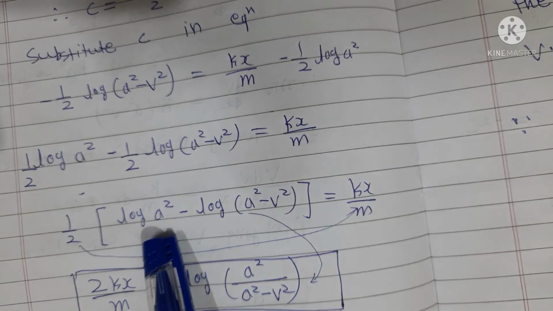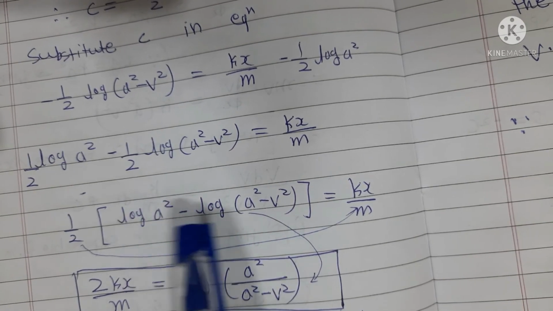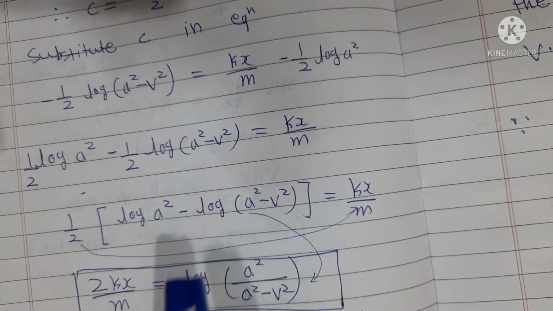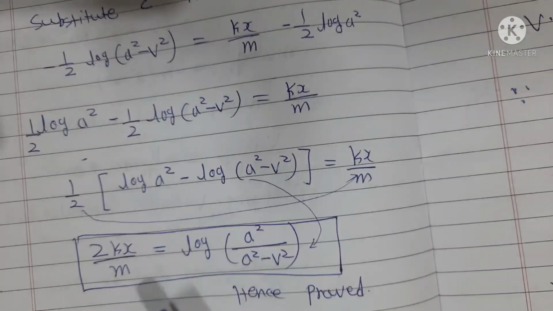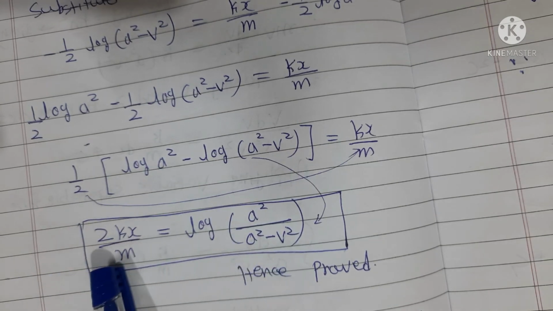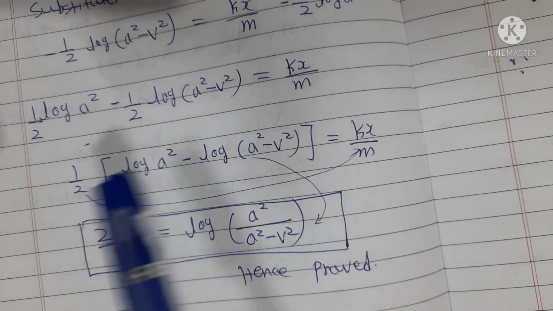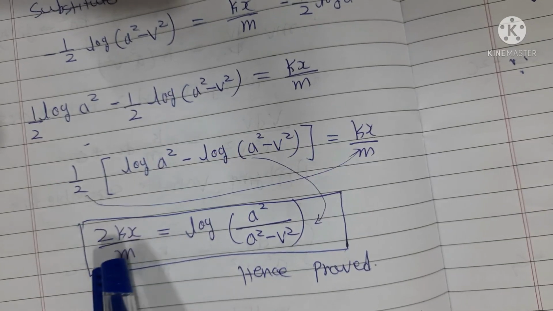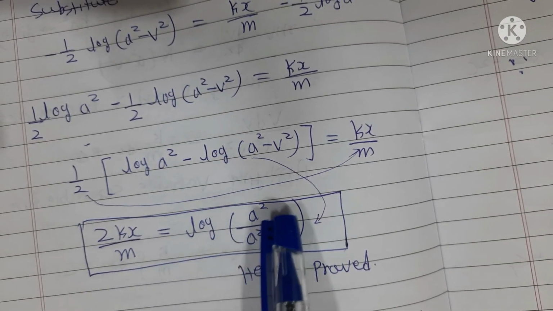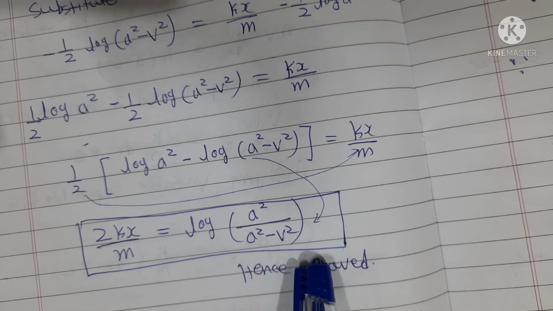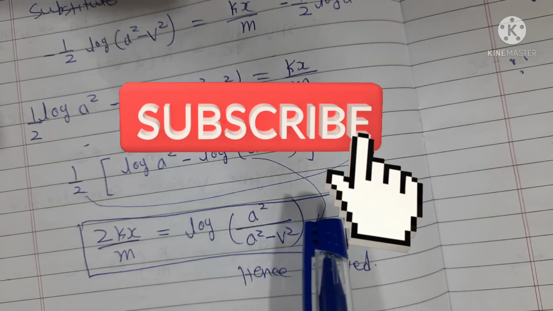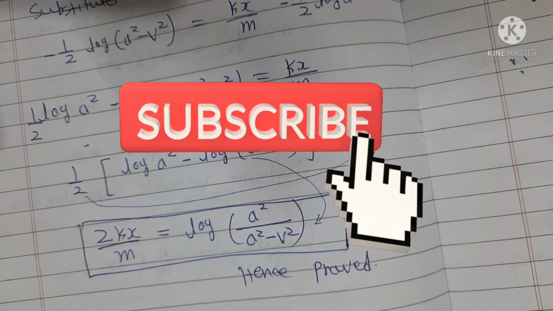Here there is a subtraction of two logarithmic terms, and whenever there is a subtraction of two logarithmic terms, it becomes a division. Therefore 2kx upon m is equal to log of a square upon a square minus v square. Hence proved. In this way we have proved the given equation.